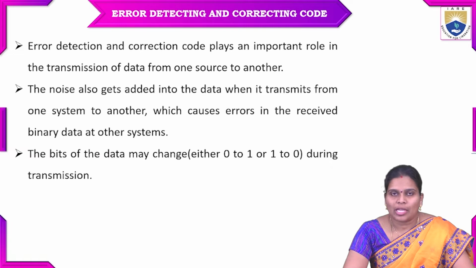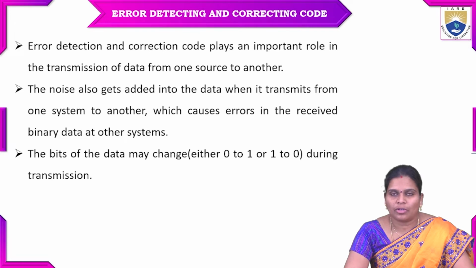Normally, we want to transmit the data from the transmitter to the receiver. Here we are using binary data, binary information, so the bits are either 0 or 1. For example, any data we transmit will be a combination of zeros and ones only.